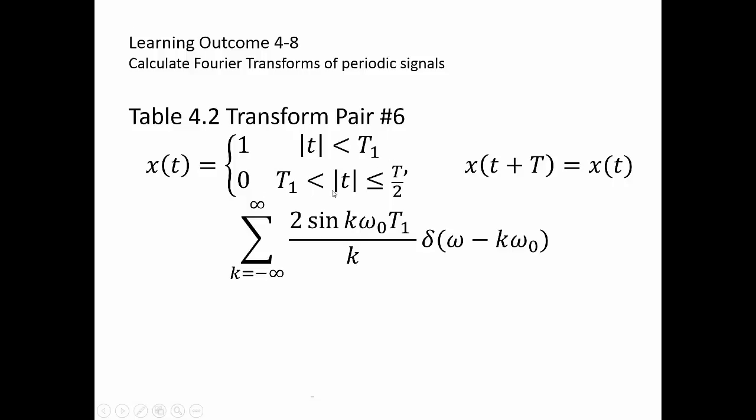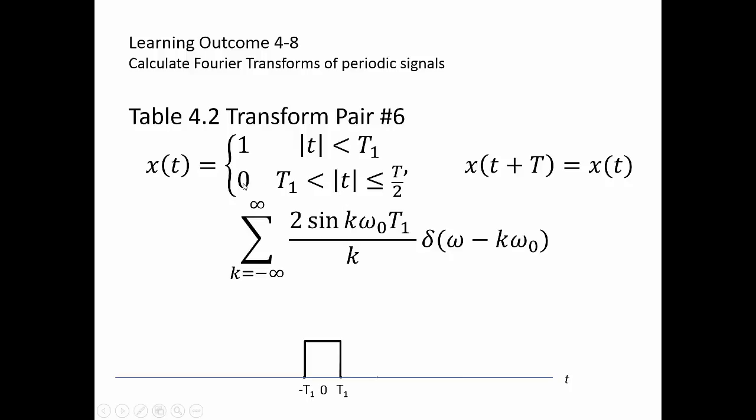Now if you're going to use this, you better know what it looks like. So let's think about that. If t is positive and the absolute value of t is less than t1, we're going to have a value of 1 from 0 to t1. But this considers the case where t could be negative, so we're going to have a value of 1 between 0 and negative t1.